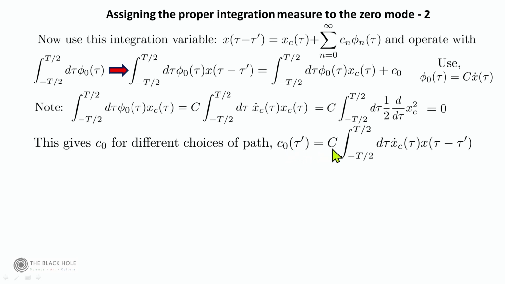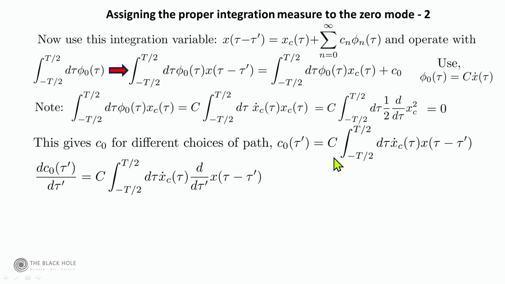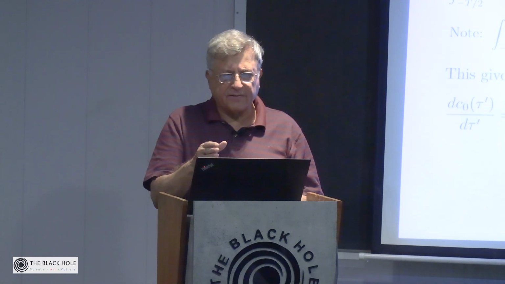So C0 of tau prime is equal to this over here. Let me now differentiate this with respect to tau prime. In other words, I had chosen the path x of tau minus tau prime. And now I want to see what happens when I slightly shift tau prime.